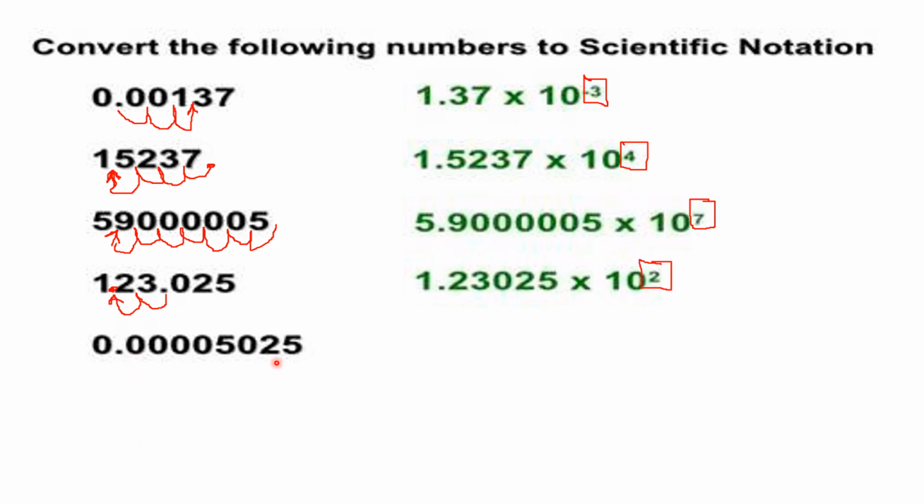The last one, similarly, I should put the decimal point after the first digit, behind it. So here the decimal point should be. So our number will be 5.025 times 10. What is the exponent?